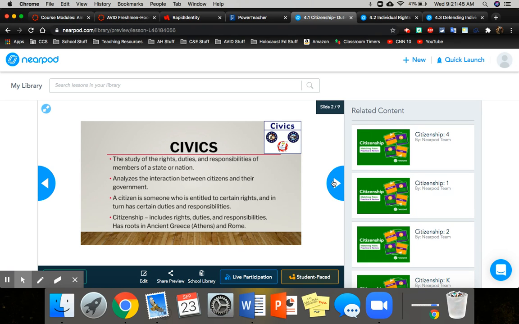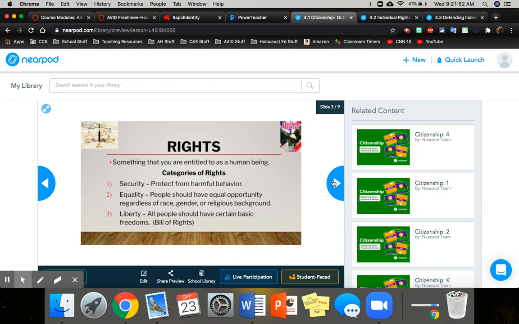You can trace this all the way back to ancient Greece and ancient Rome. So rights, first of all, are something that you are entitled to as a human being. That's like the textbook definition of rights. So you can break down rights into three categories: security, equality, and liberty. Security, things that protect you from harmful behavior.